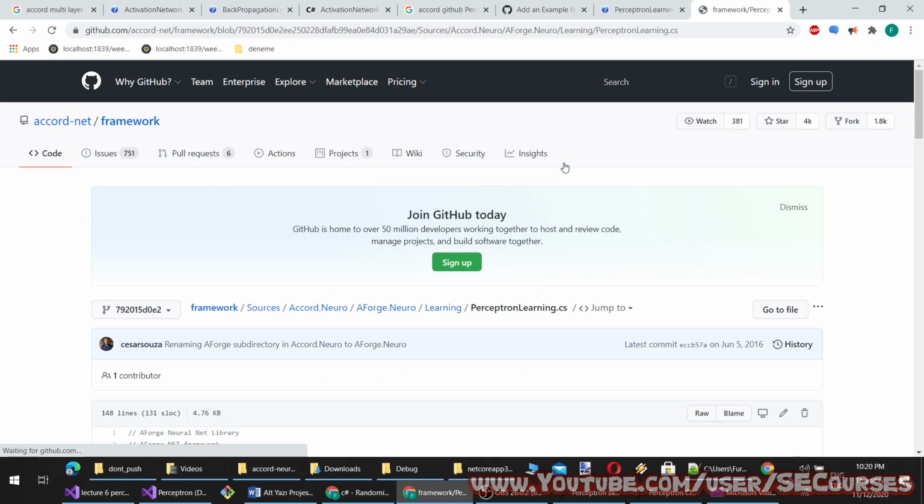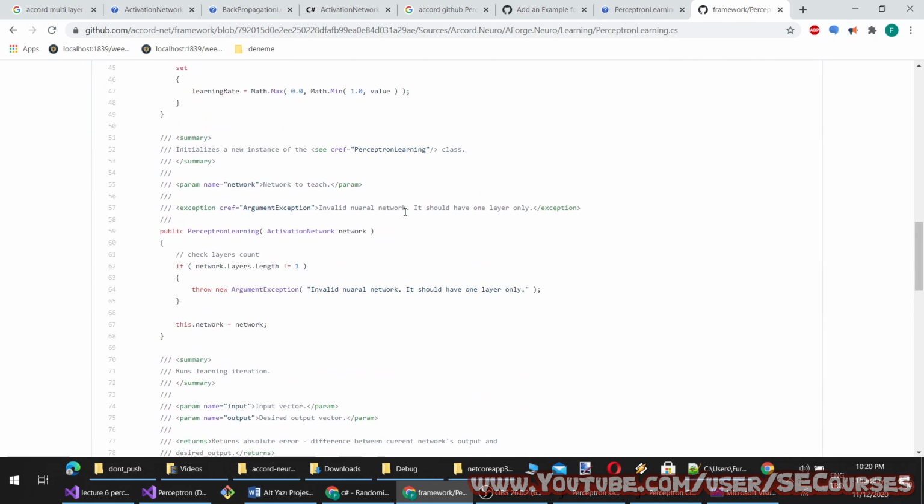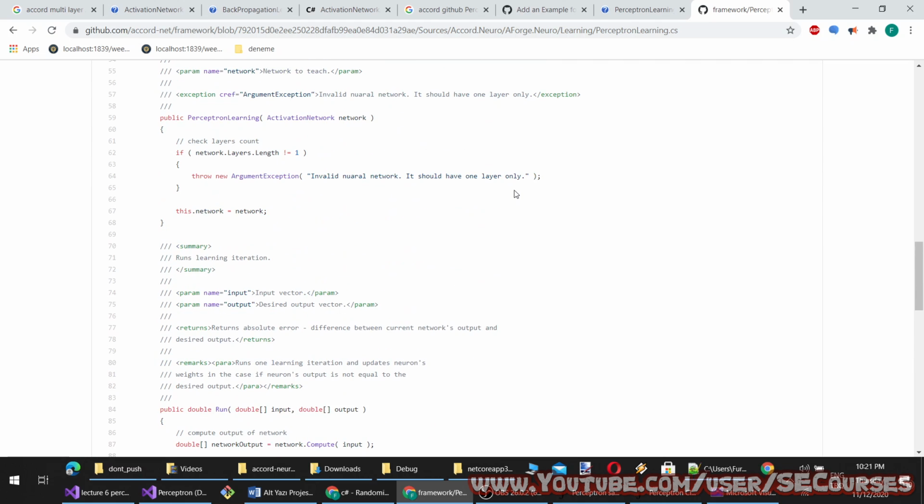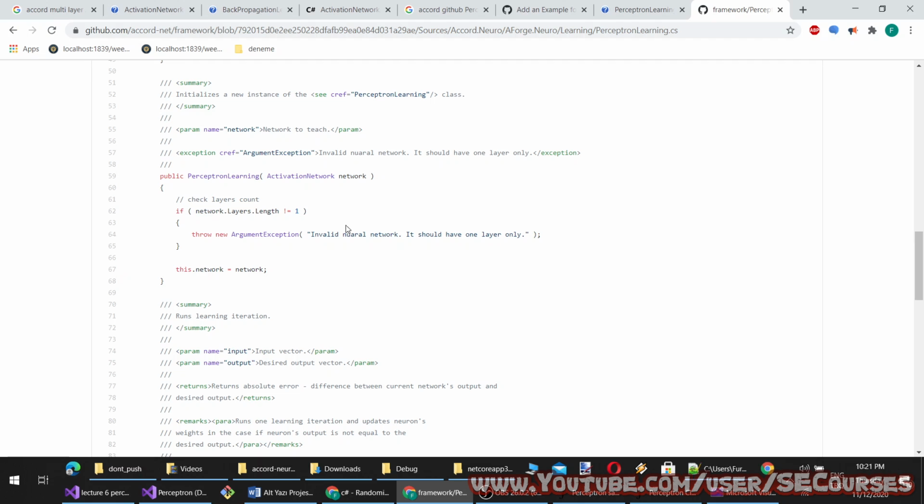Okay, here, and this is the source code of the algorithm, and let's see the error. Activation. Okay, oh, I see. So it appears that perceptron learning is taking only a single layer.